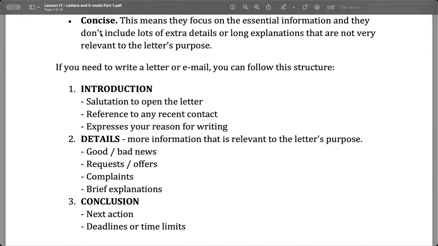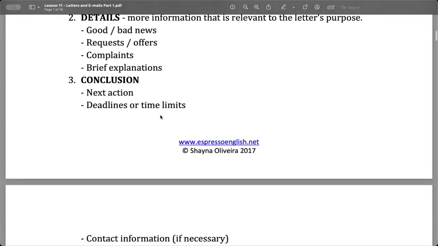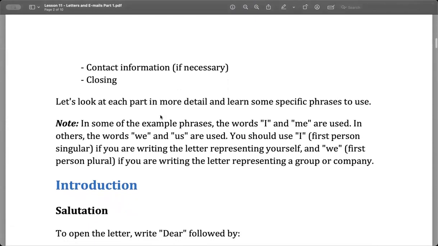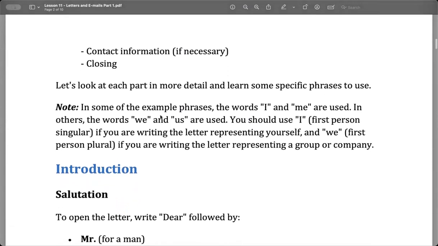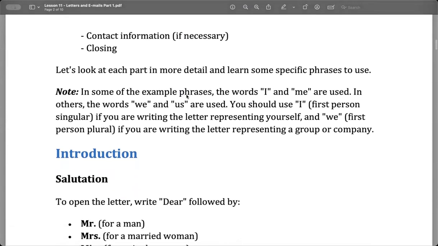Good, bad, new. Request or offer. Complaint. Three, brief conclusion: next action, deadline or time limit, contact information if necessary. Closing.